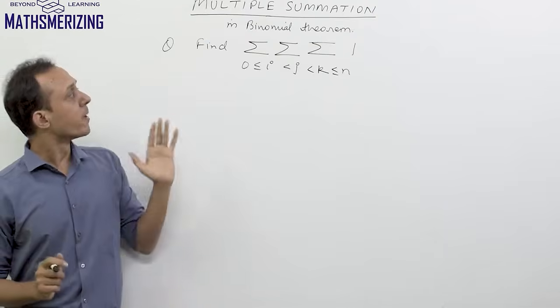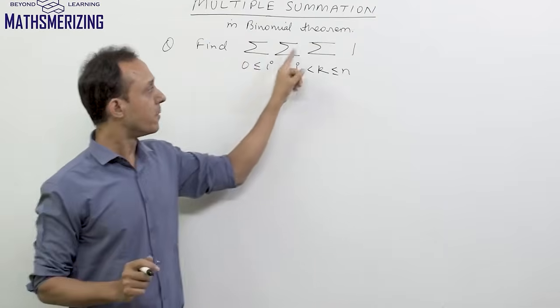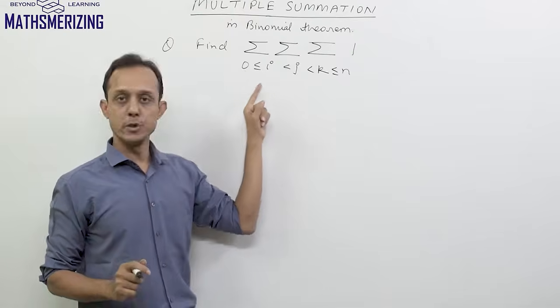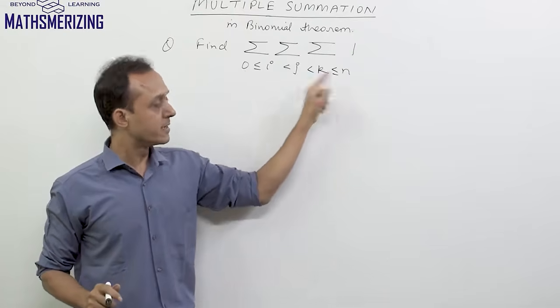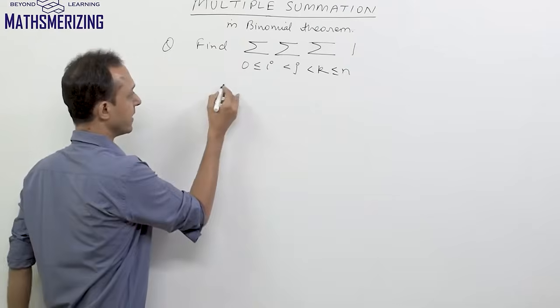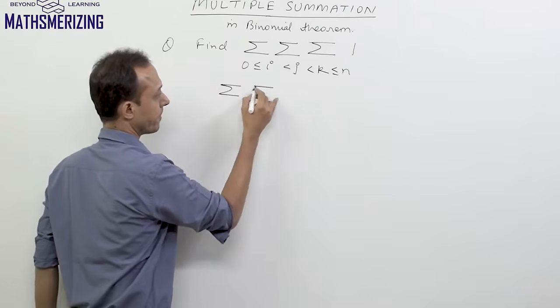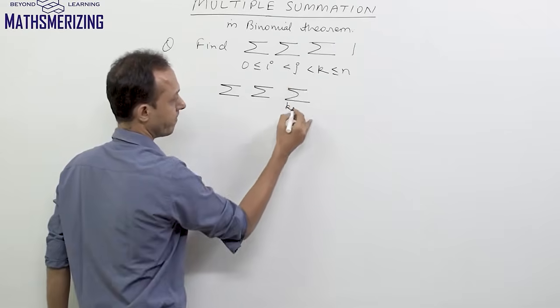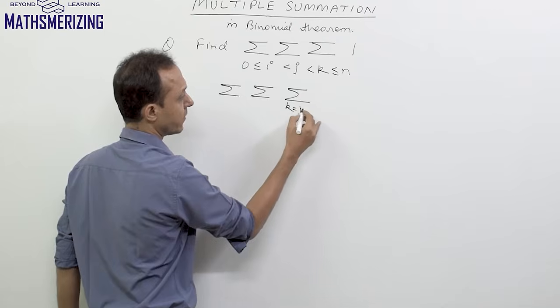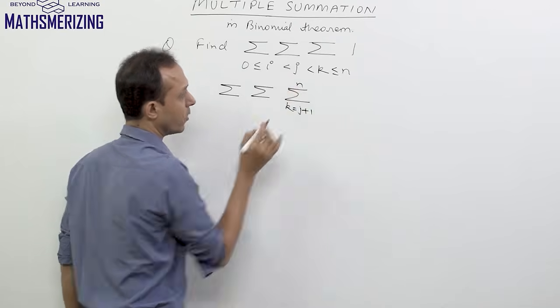So let us take up another problem in triple summation, and that is the triple sum of 1 where i is greater than or equal to 0, j is greater than i, k is greater than j, and k is less than or equal to n. So I'll write it as summation. Now this value of k should be greater than j, so we'll start with j plus 1 and go all the way up to n.